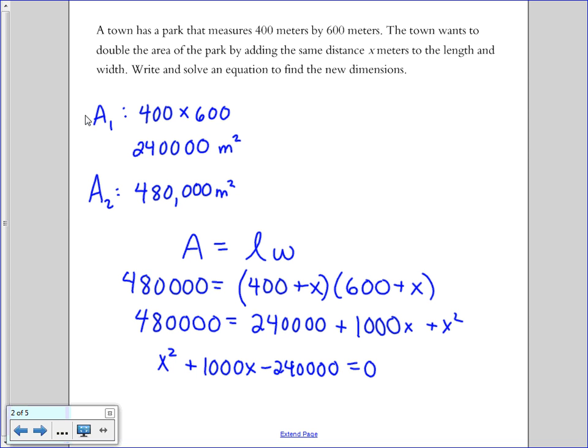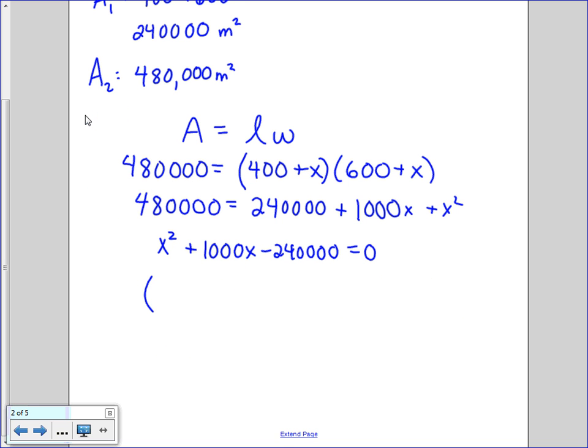It's a little bit tougher to factor when you've got this many zeros attached to your C term, right? But you're looking for something that multiplies to make negative 240,000 and adds up to 1000x. So something that multiplies to that and adds up to 1000.